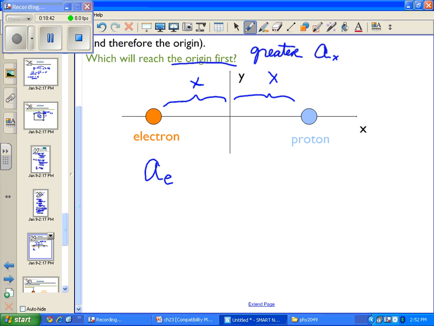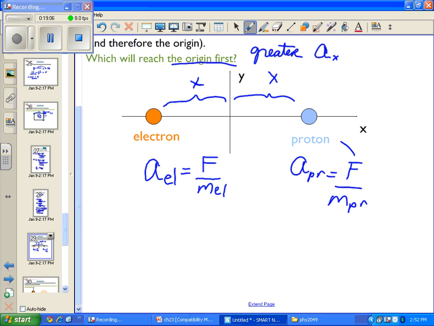Well, in the case of the electron, we have the force between the two, the same for each, divided by the mass of the electron. In the case of the proton, we have the same force as the electron experiences, but this time divided by the mass of the proton.